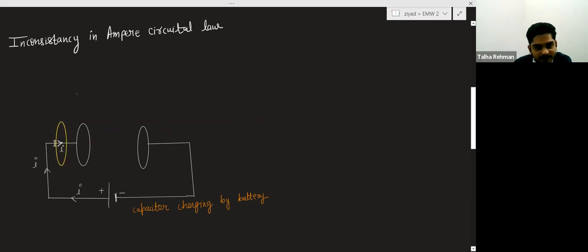Basically, this is a wire and this is the current. So I am taking a closed loop around this wire, and suppose this is a point X, where I want to calculate the magnetic field with the help of Ampere circuital law.